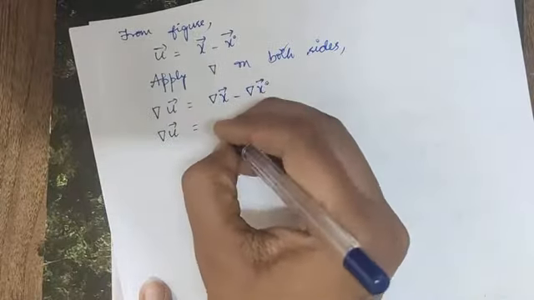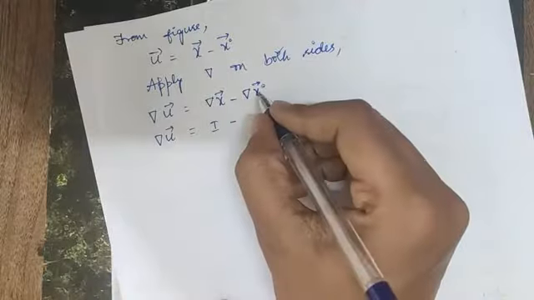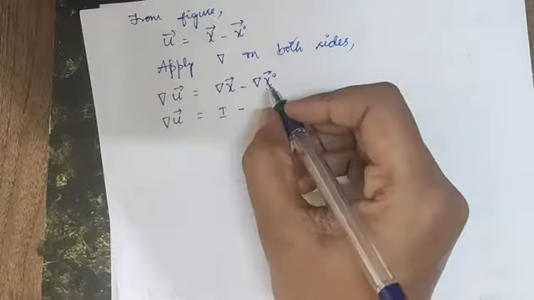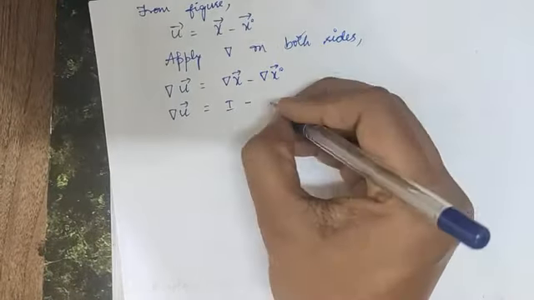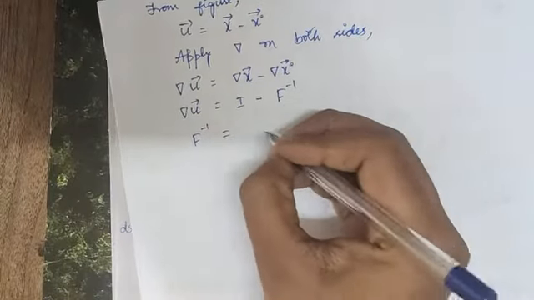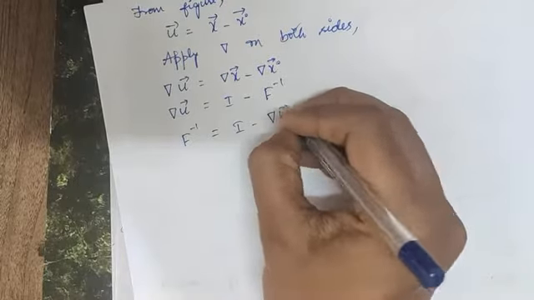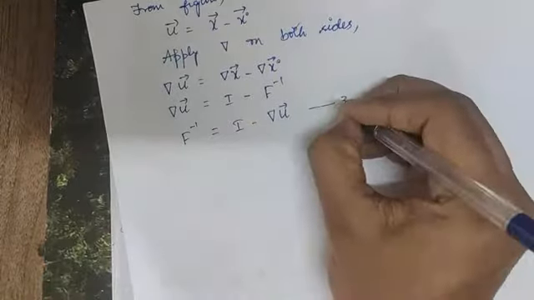Del x is nothing but I, since x is my unit vector, minus del x naught, from the deformation gradient tensor in spatial form. This is nothing but F inverse. Write the expression for F inverse. You will get I minus del u. Okay, call this equation number 3.